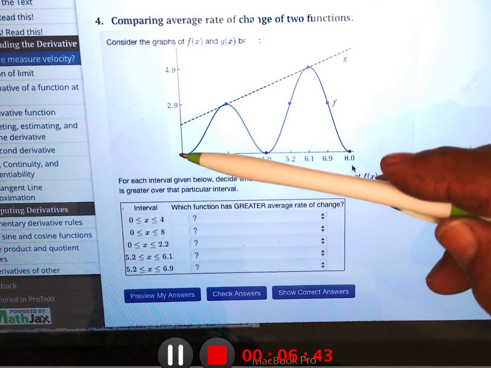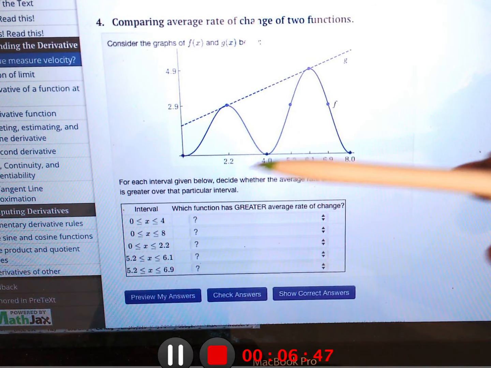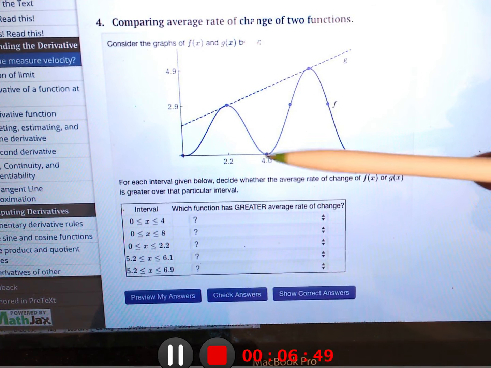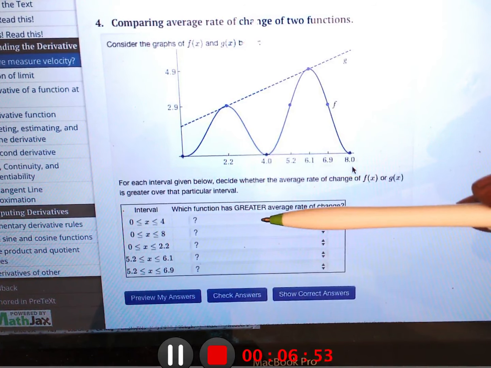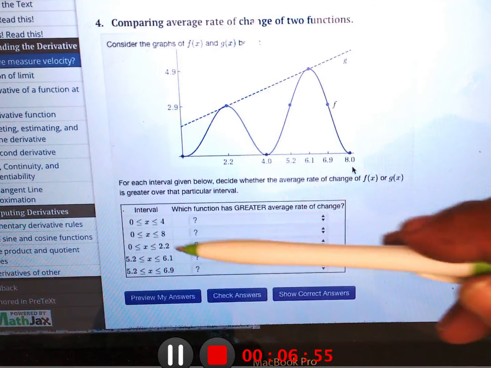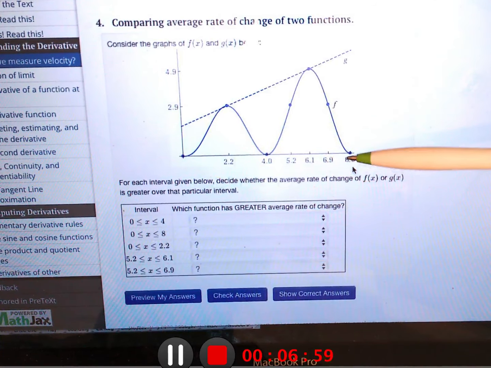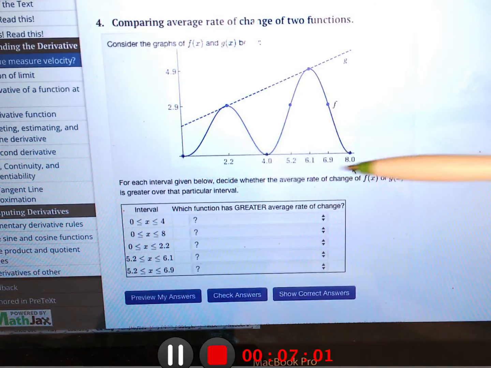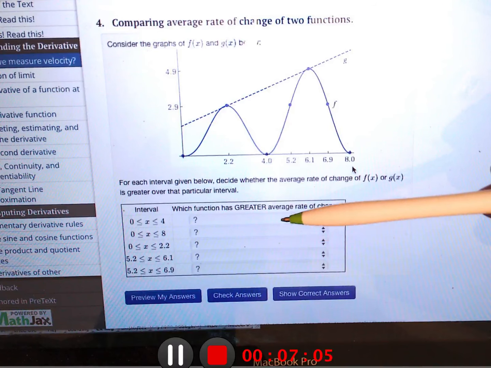At 4, the height is 0. So the average rate of change, well, it went from a height of 0 to a height of 0. There's no rate of change, 0. From 0 to 8, it went from a height of 0 to a height of 0, so there's no change. So those are both average rates of 0.